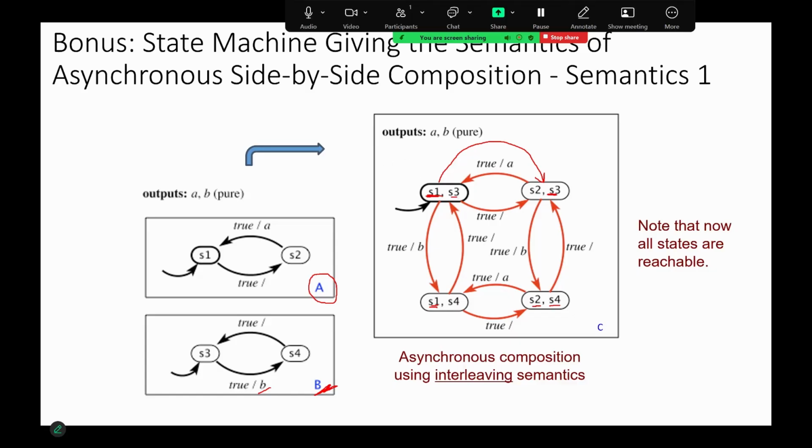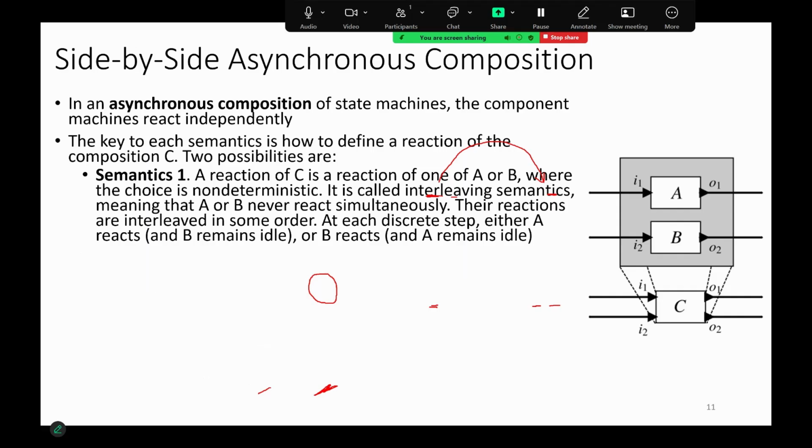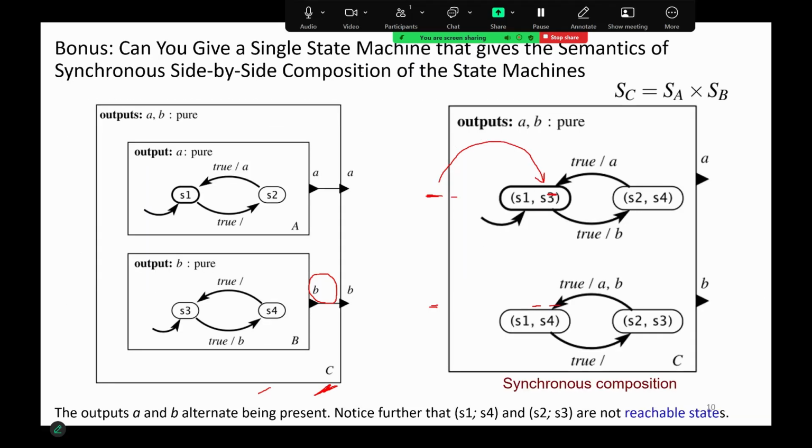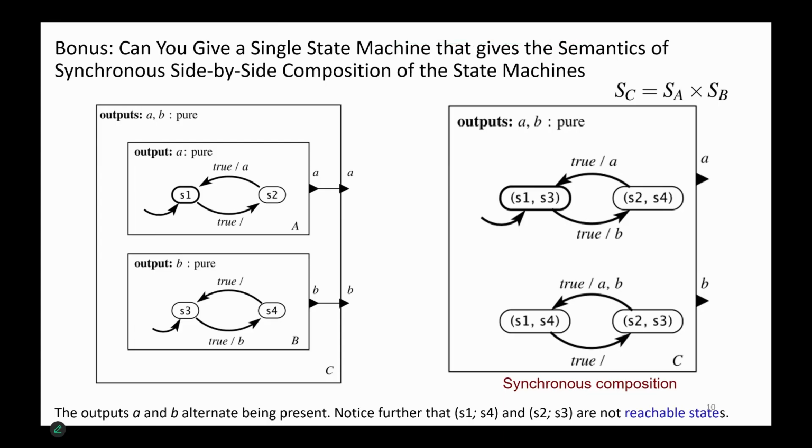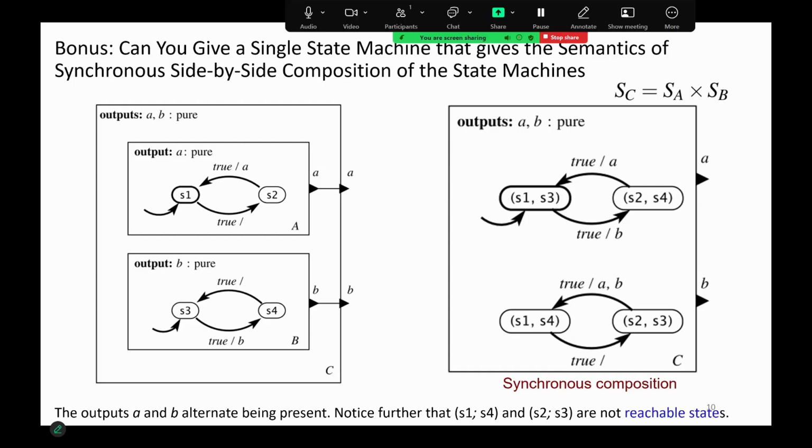What's the difference between this and the previous one? As a high level note, this is synchronous.